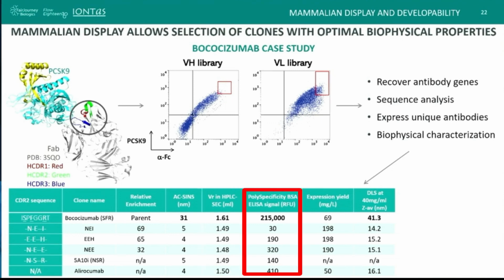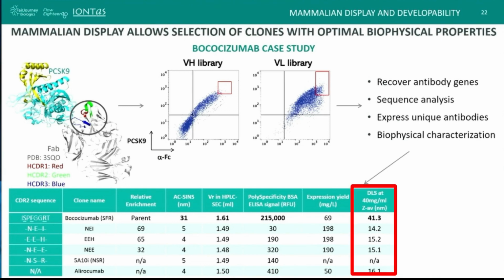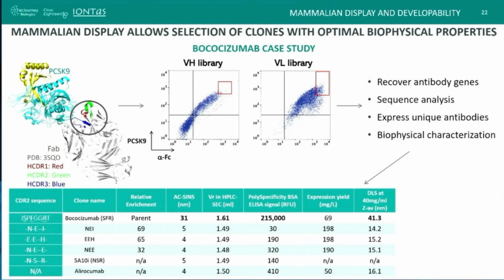Polyspecificity also was judged by this BSA ELISA, which was slightly more of a surprise. There is actually improvement in expression yield here, so having just persuaded you it's not all expression, clearly expression is a contributing factor. And then this is DLS, the Z average at 40 mg/mL, so reasonably high concentration. And again, you can see bococizumab has problems, and these display-derived antibodies are in line with the positive control, at least as good.